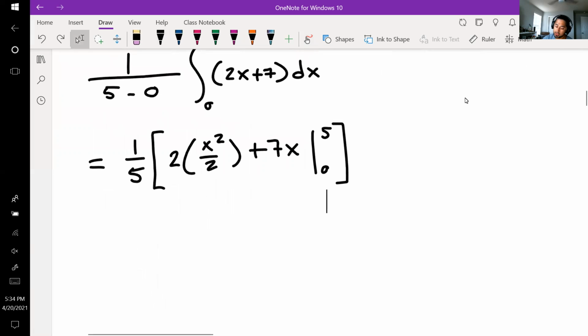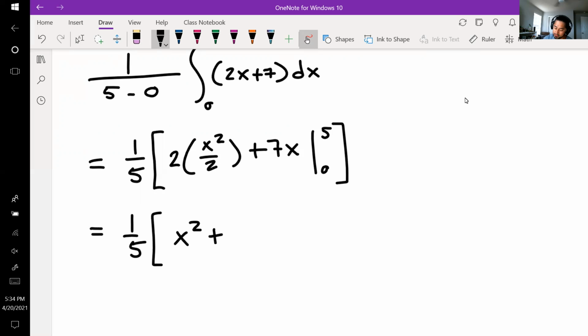Okay, clean it up a little bit more, and we'll get 1/5 times x squared plus 7x evaluated from 0 to 5. Everything's nice and cleaned up. Go ahead and plug in 5. Go ahead and plug in 0.